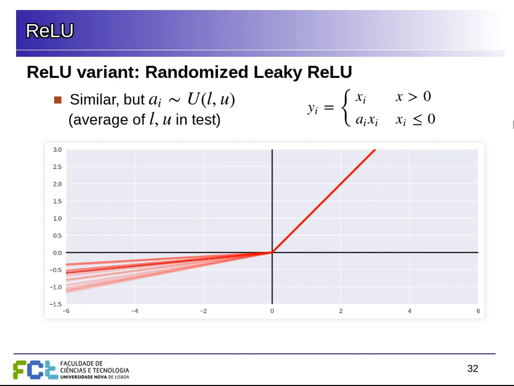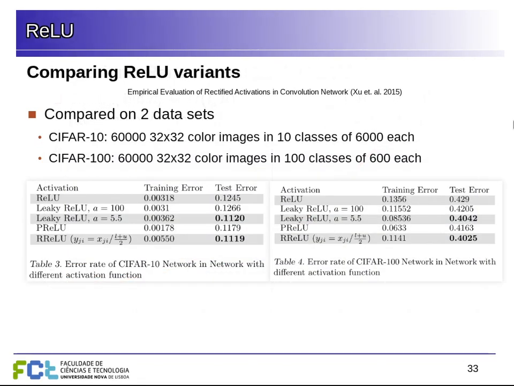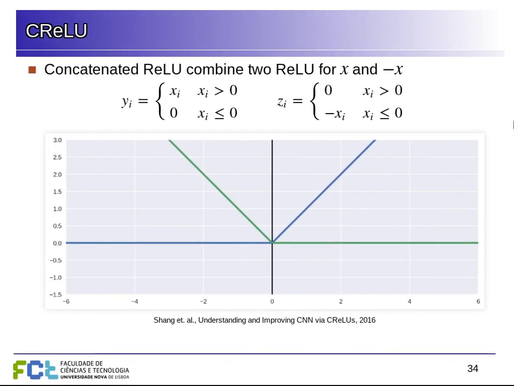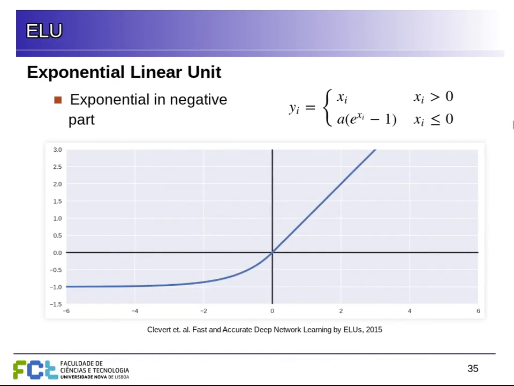During training, it's random. After training, it is set to the average of the two extremes, but otherwise it works similarly. And then there are other variants like the concatenated rectified linear unit, the exponential linear unit, which combines this exponential function to the linear here. But basically, these don't seem to add much.